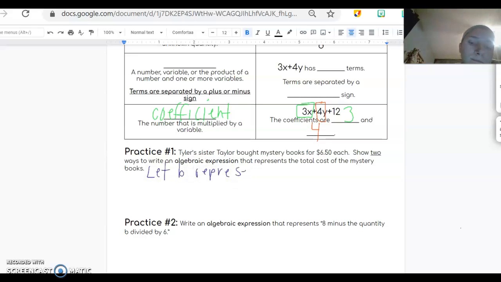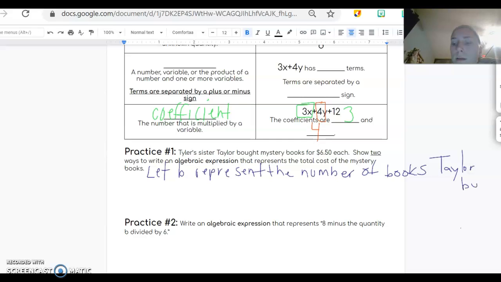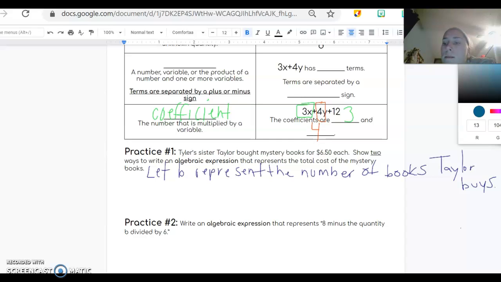represent the number of books Taylor buys. Okay? Let B represent the number of books Taylor buys.